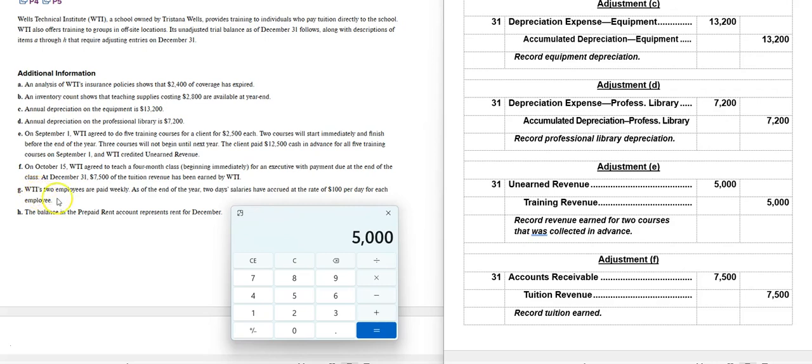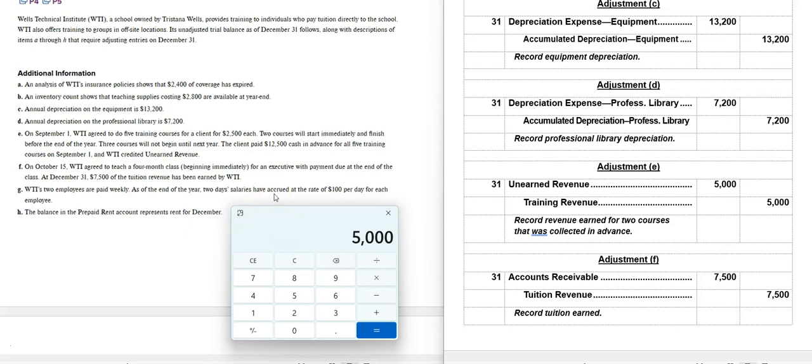In G, WTI's 2 employees are paid weekly. As of the end of the year, 2 days' salaries have accrued at the rate of $100 per day for each employee. Accrued is just a fancy accounting term to mean accumulated. 2 days' salaries, 2 employees, 2 days, $100 per day, $400. $400 of salaries expense has accumulated, but we haven't paid yet.